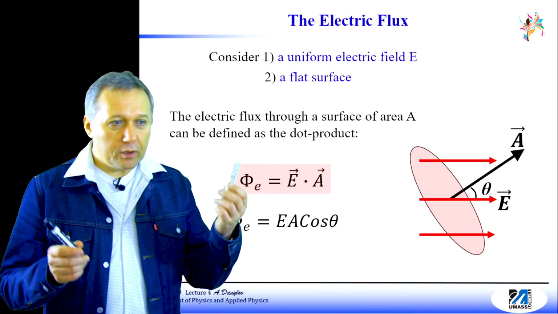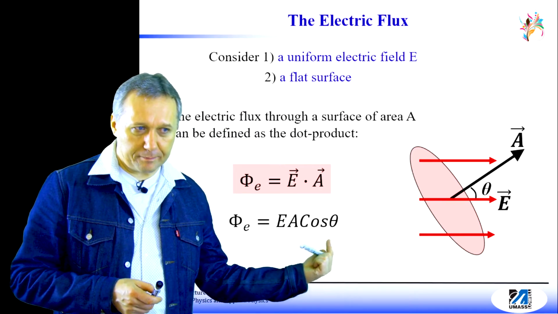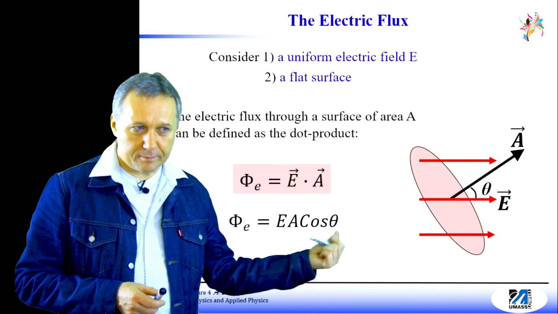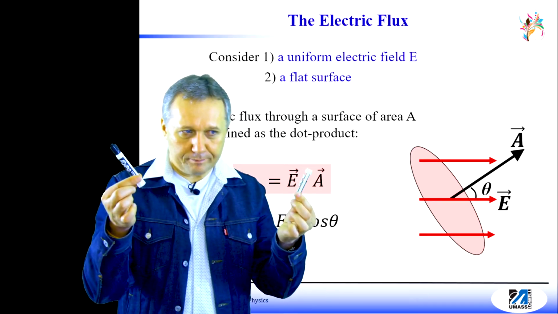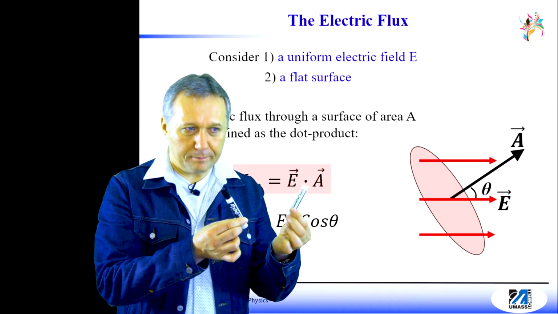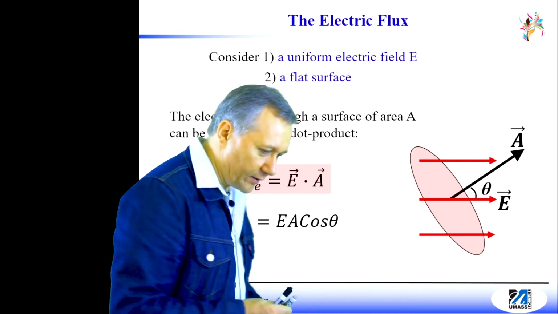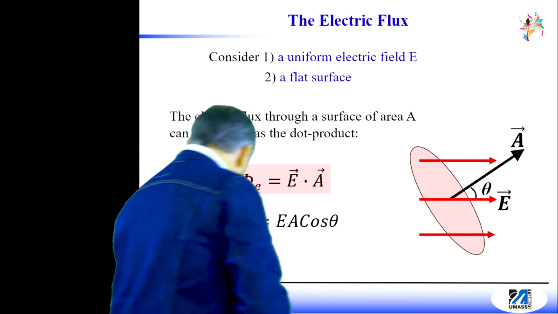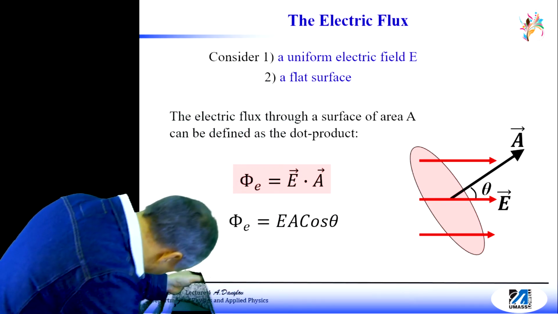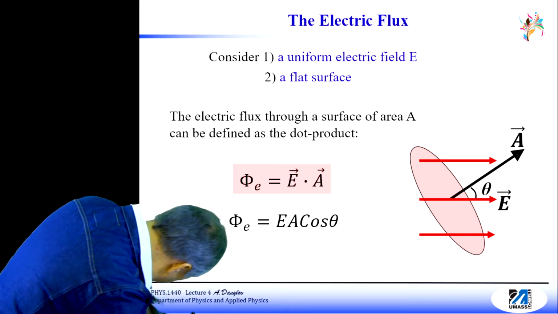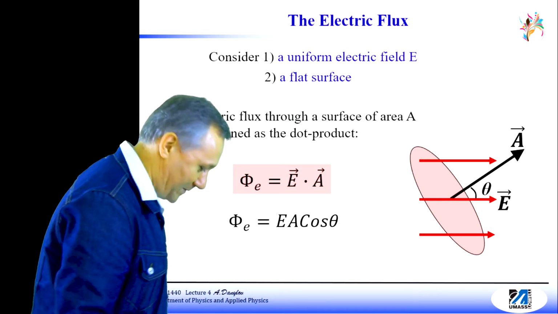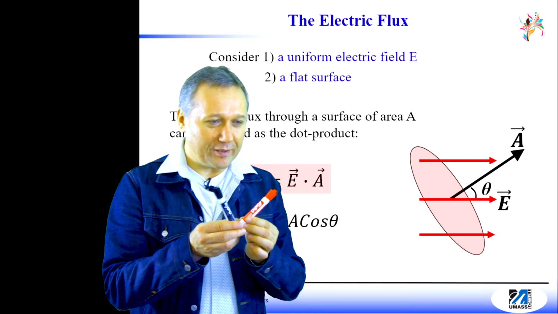Okay, so how can we find this correct angle theta? The rule is this. Let's say you have two vectors, right? And you want to find the angle, and you know what, the green marker is a bad choice because the green screen effect removes it. Okay, red and black, yeah, it's better.